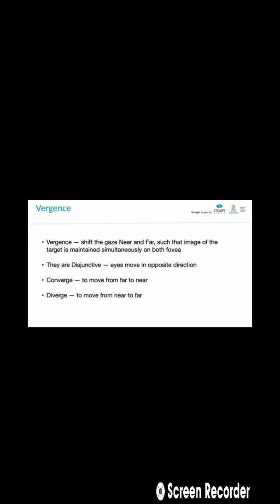So to maintain the eyes parallel, the brain will act. Why? Because the orbits in which these eyeballs are located are divergent. So that's why normally if you find a patient in a coma or under deep anesthesia, you can find that the eyeballs are a little bit divergent.